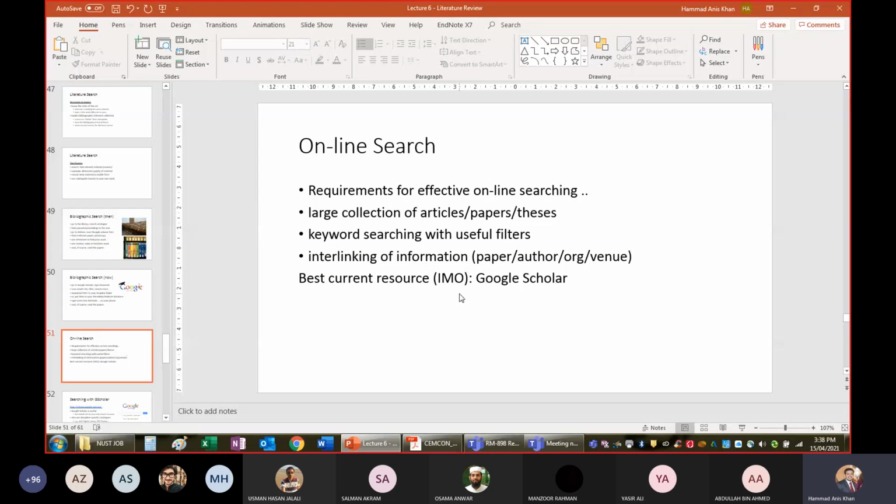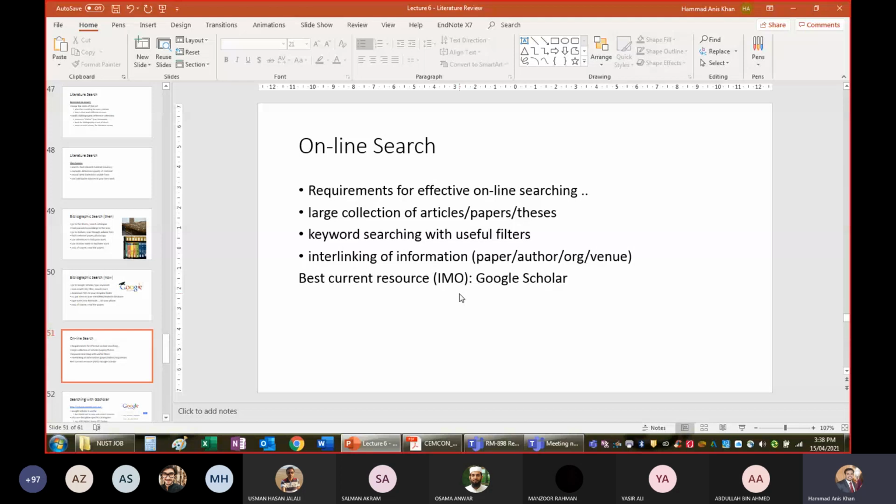You start from a broader topic, then you can also work in chronological order, and you can study the references from previous work to find the earlier research. There is a large collection of articles, papers, and theses, so keep a thesis on a similar domain with you to get a literature survey from there and get an idea.